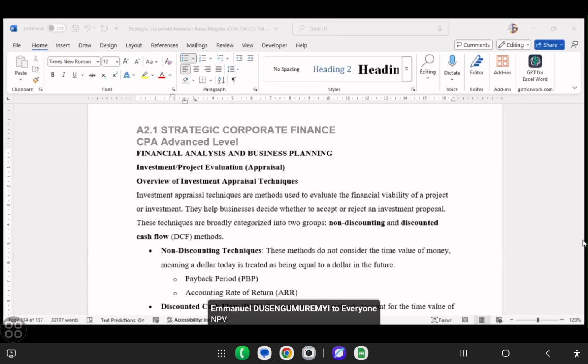Just post so that I can prove to you that there are others that you don't know. I can see someone has written NPV, IRR, adjusted present value, that is APV. Continue. NPV, IRR, APV. Are there others?